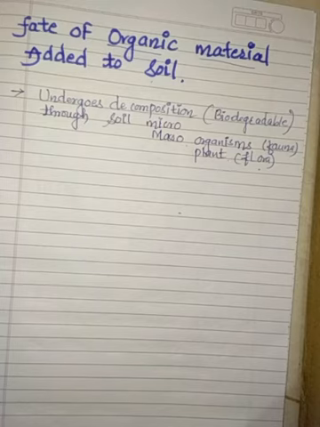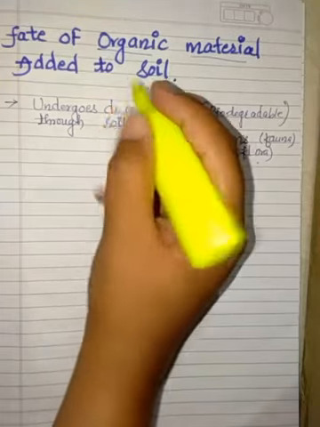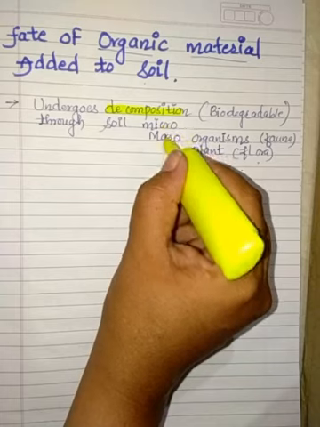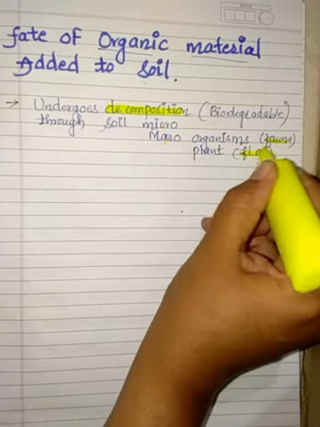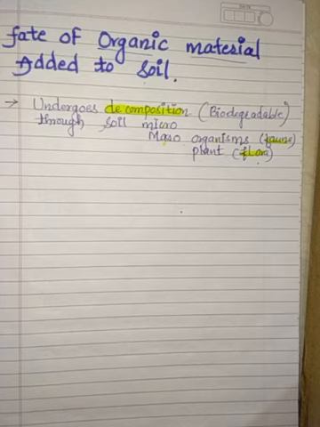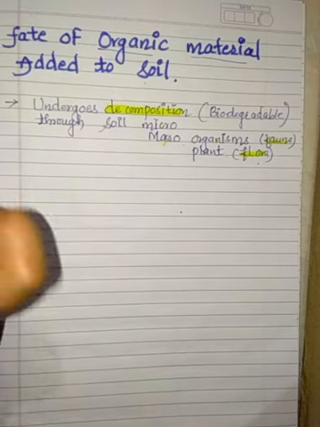So soil organic matter will undergo decomposition through soil micro as well as macro flora and fauna, that is, the organisms as well as the plants. That is the fate of organic material added to the soil. So this can go and mix in the soil itself.